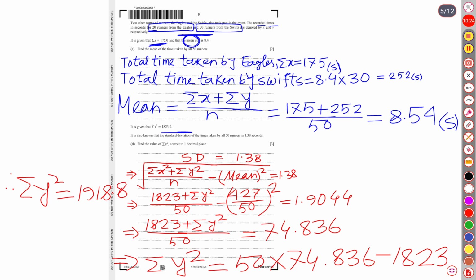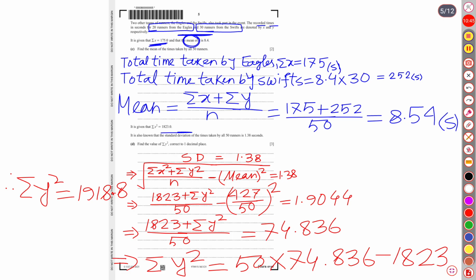Okay, so this is the solution to parts C and D of question number 3 of paper 51.